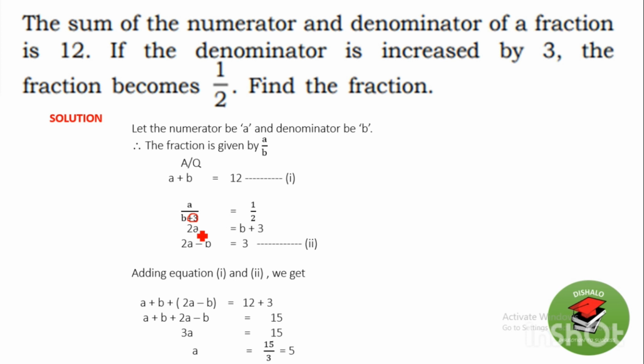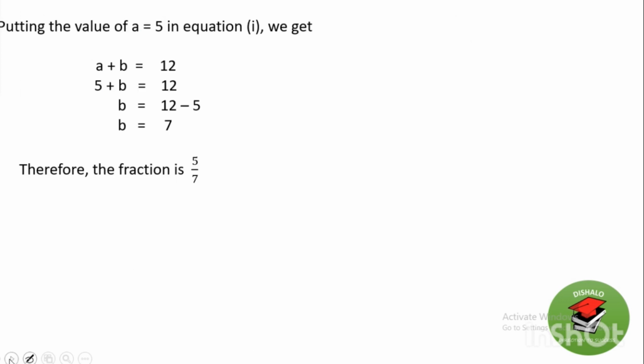Then you cross multiply: 2a equals b plus 3, so 2a minus b equals 3, equation number 2. Then you add the equations: a plus b plus 2a minus b. Plus b and minus b cancel, you get 3a equals 15, a equals 15 by 3, which is 5.